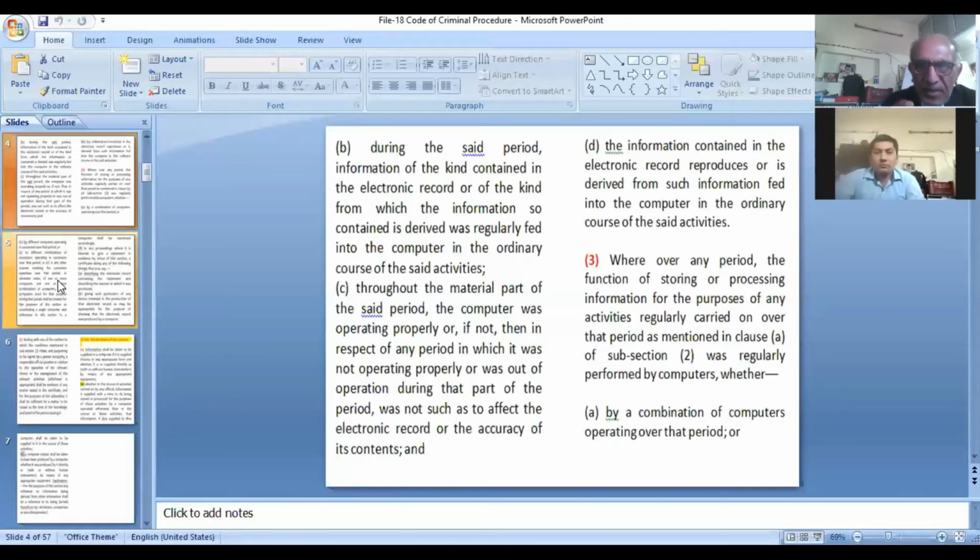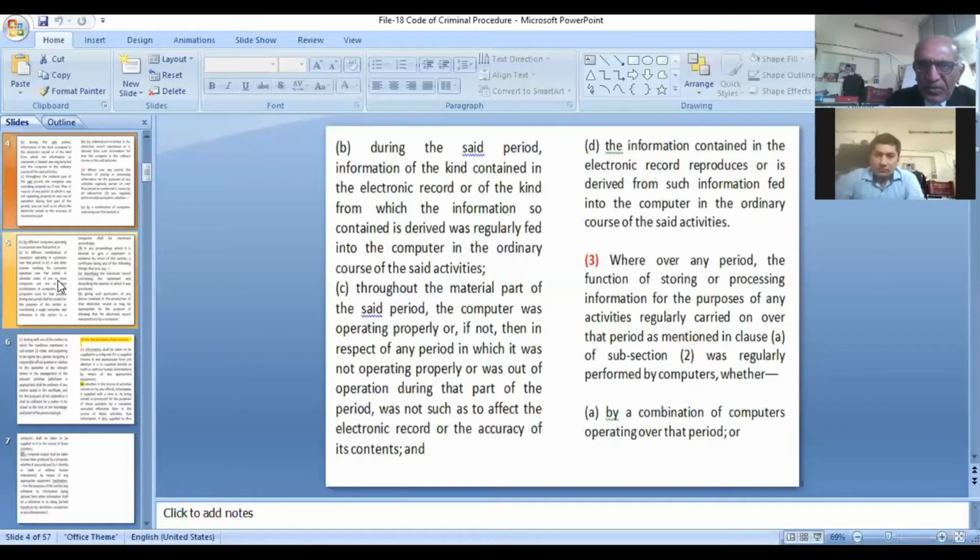Therefore, the periods during which the machine is not operating properly, but when it is not affecting the electronic record already fed in the computer.